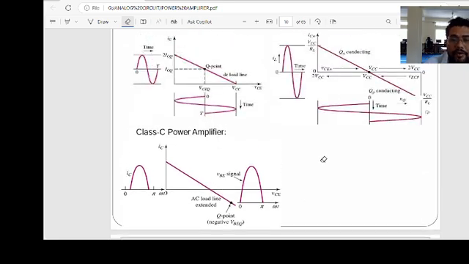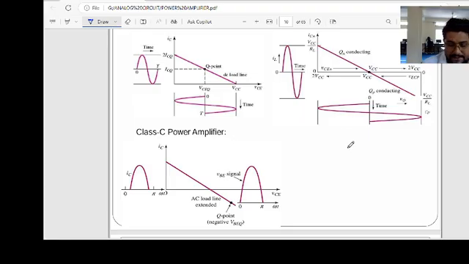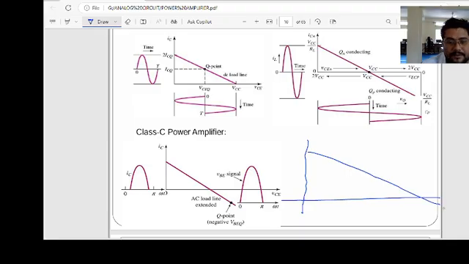Class AB is not drawn here, between the center and the x-axis, so suppose we draw the load line of the circuit like this. So the Q point up to here is the class AB amplifier.